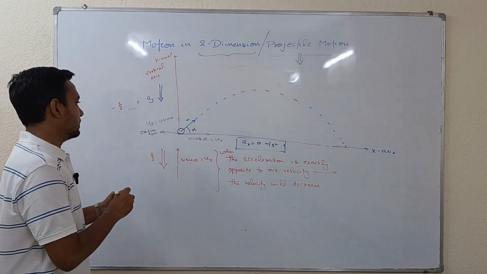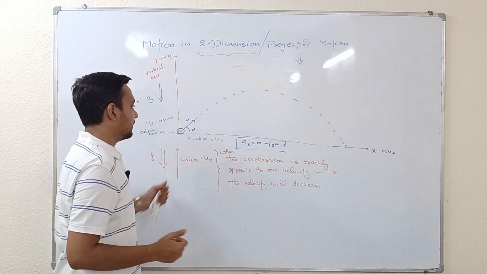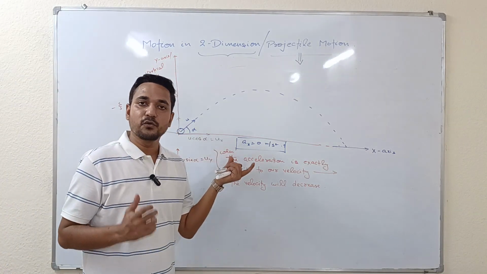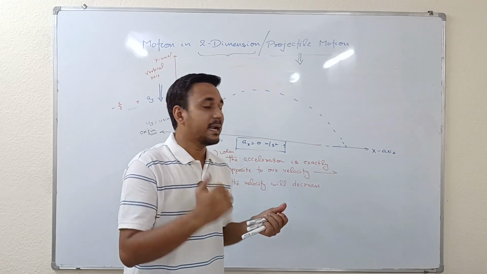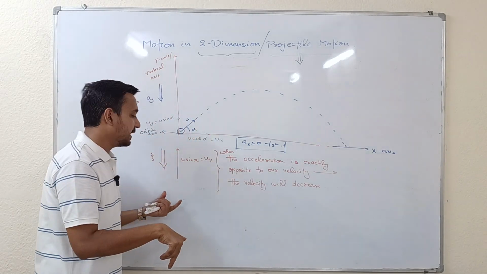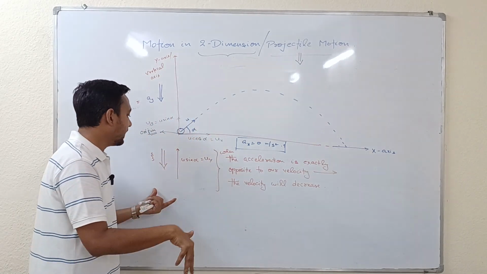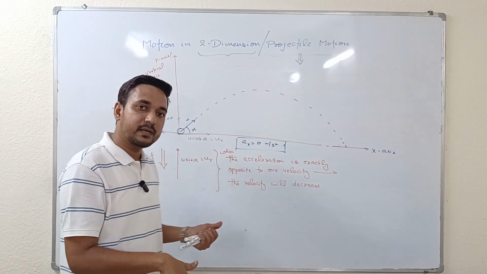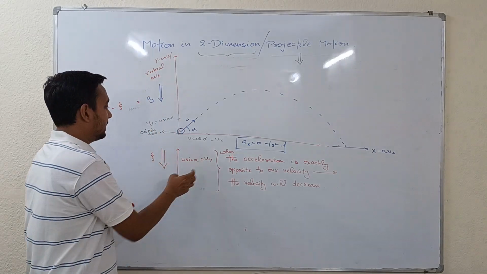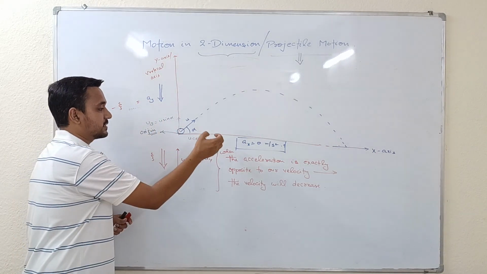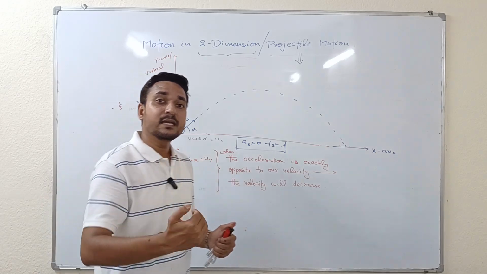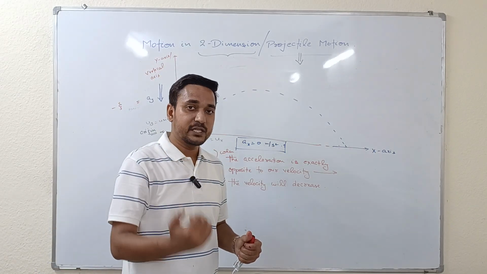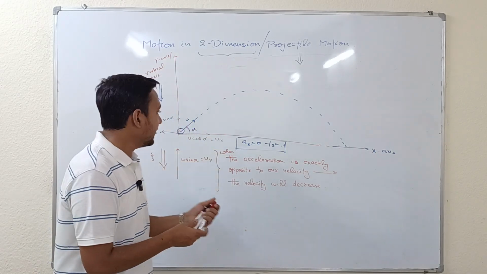So in this case, initial velocity is uy, that is u sin alpha, and acceleration is always towards negative y axis, vertically downward direction, right? So in this case, the vertical component of initial velocity is going to decrease, right?